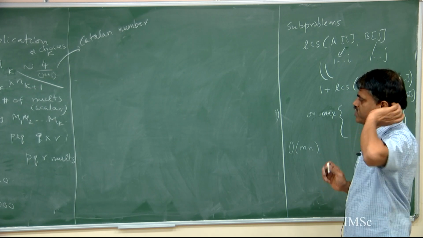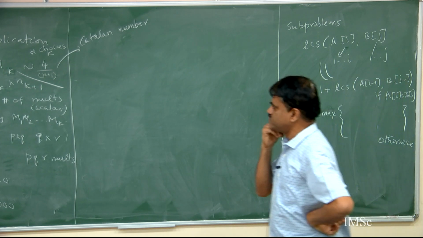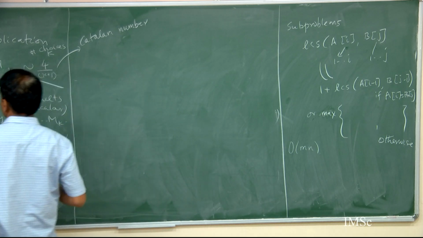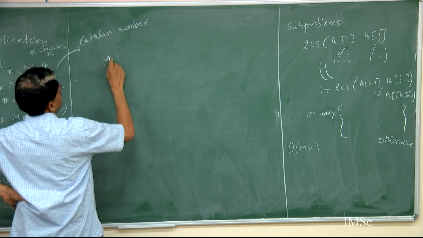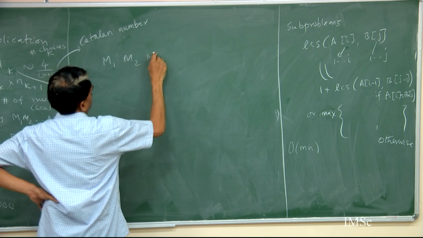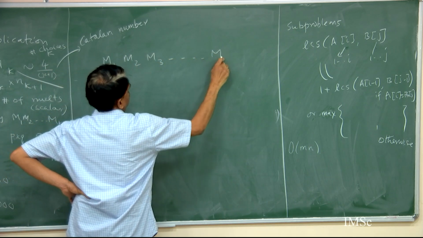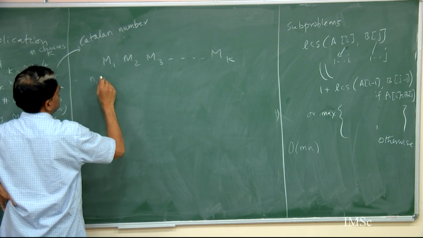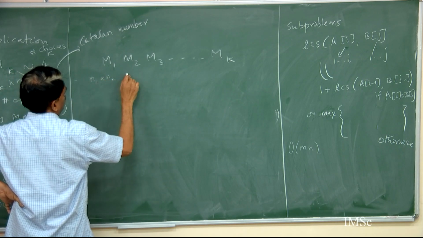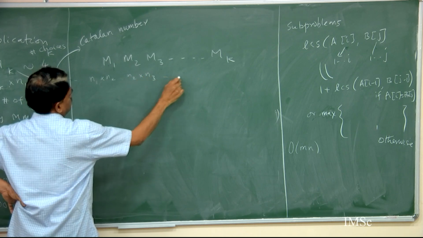Okay, so if I want to use dynamic programming, I start with some choice and then a recursive substructure, and then everything falls in place, right? So what is the choice you want to make? In general, my matrix chain looks like this: the dimensions are n1 by n2, n2 by n3, and so on.